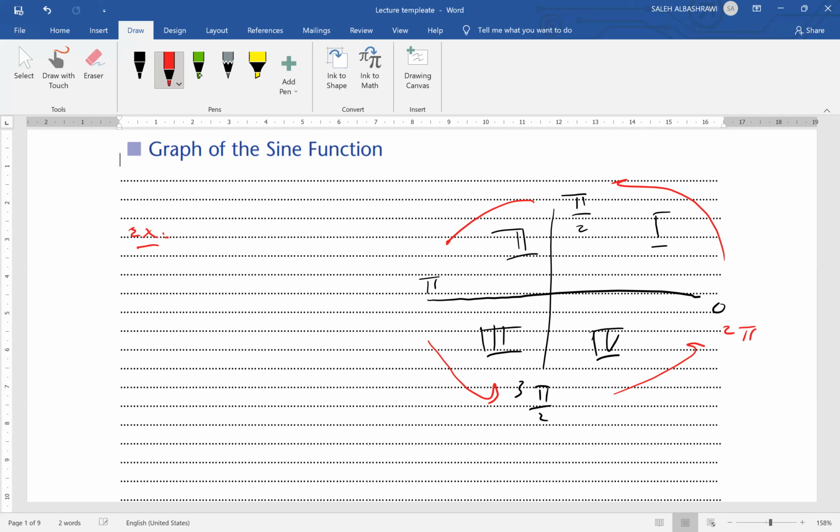Graph the function y equal to sine x. I'm going to use the quadrantal angles 0, pi over 2, pi, 3 pi over 2, and 2 pi.